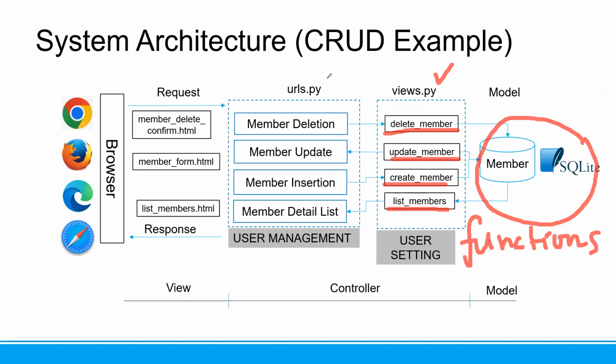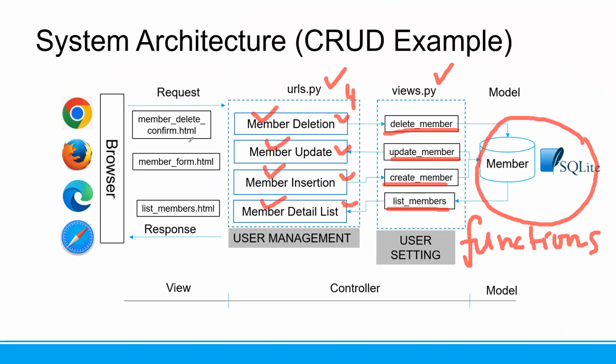And in the urls.py, I would like to create at least 4 paths. 1, 2, 3, 4. There are 4 paths. So the first will be about the member deletion, and next it will be about member update. It will be about member insertion and about showing the member details.